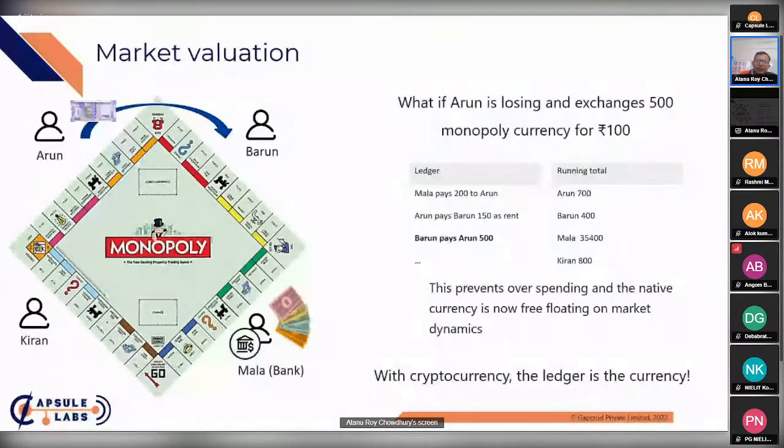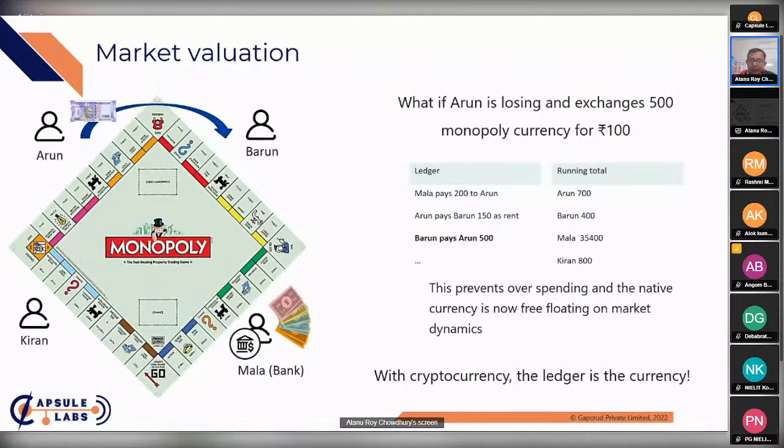And because of this, no matter what the native currency is, what ends up happening is, if there is a demand for this native currency, then there is going to be an exchange rate that is going to get fixed up, right? There is going to be some kind of a tethering of this native currency with the actual economy, right?